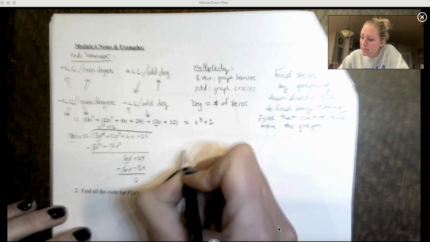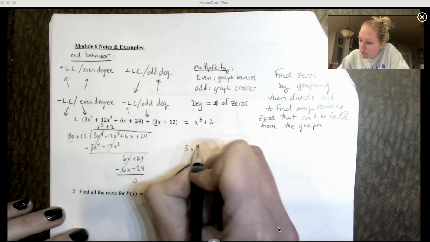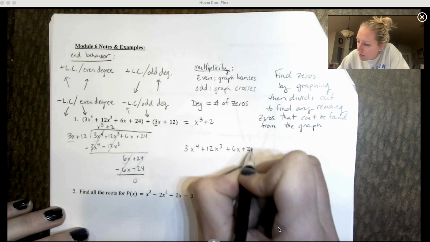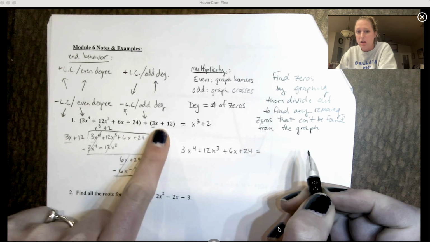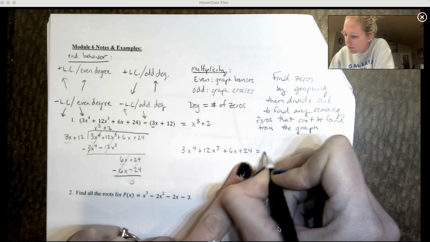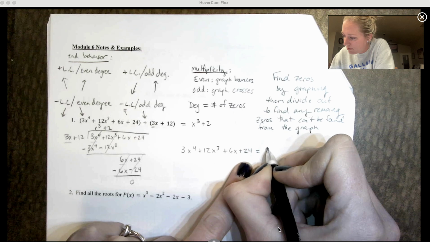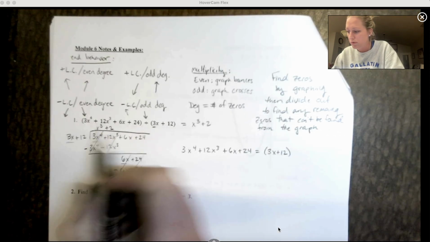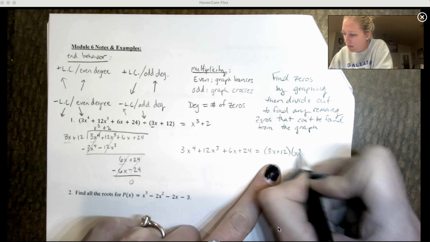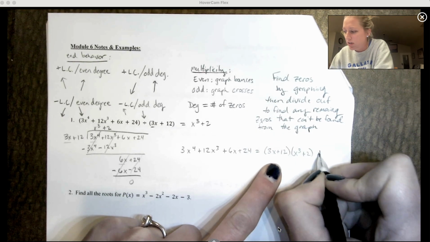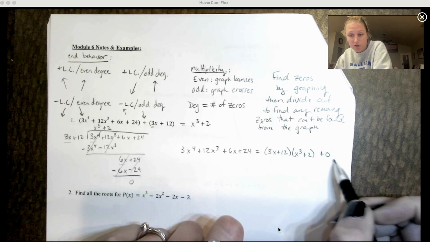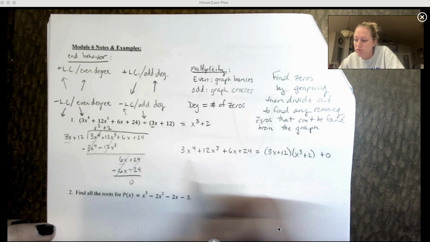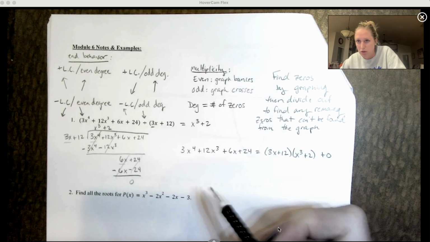Sometimes they might have you write 3x to the 4th plus 12x to the 3rd plus 6x plus 24, and say that that's equal to our divisor, so 3x plus 12, times the quotient, which is what we got for the answer, and then plus the remainder. Ours is 0, but if it wasn't 0, we would put whatever it is out here. So this is another way you can write your solution. It just depends on how you're asked to write it.